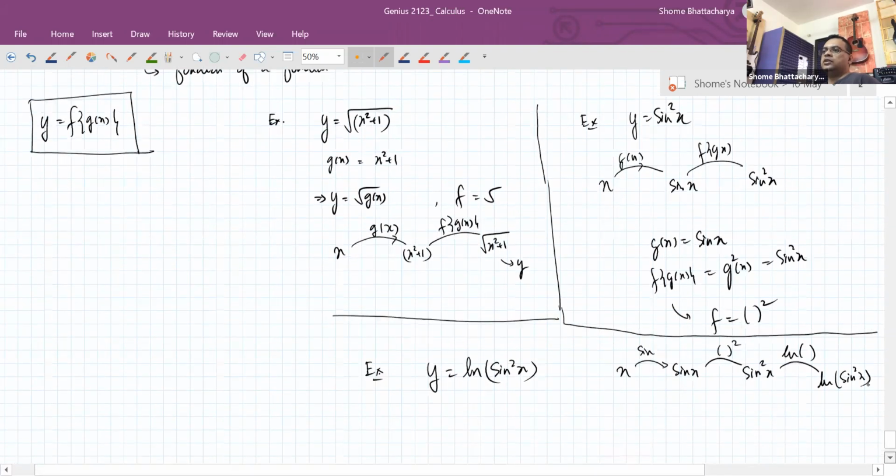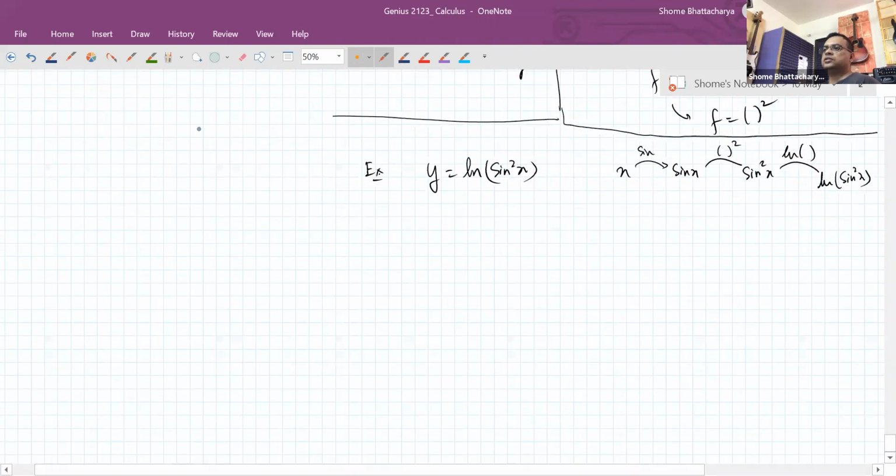Okay, so now differentiation of composite functions is done by something called the chain rule.